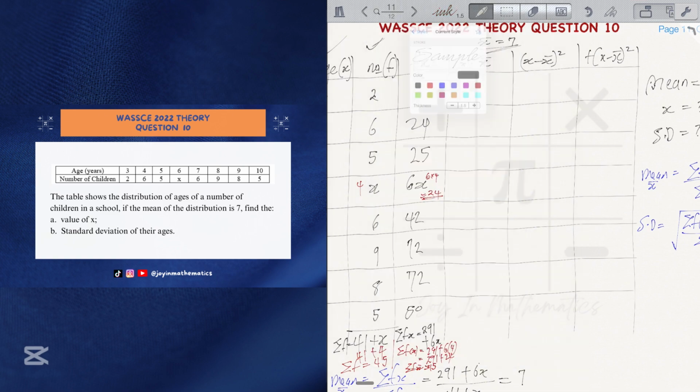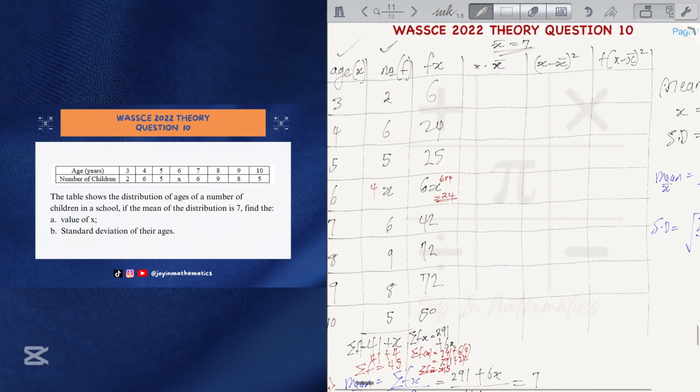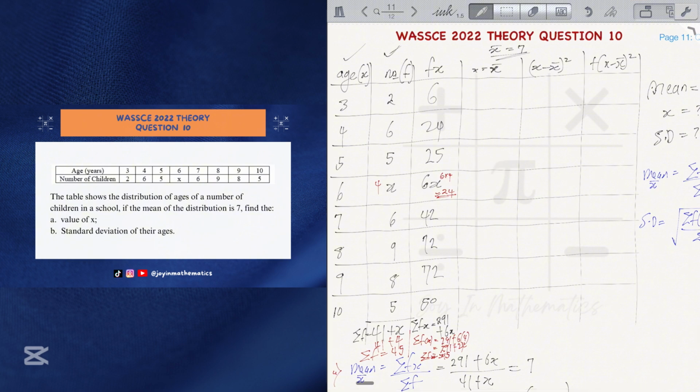So x bar is equal to 7, so we have x minus x bar. That's 3 minus 7, which is equal to minus 4. 4 minus 7 is equal to minus 3. 5 minus 7 is equal to minus 2. 6 minus 7 is equal to minus 1. 7 minus 7, 0. 8 minus 7, 1. 9 minus 7, we'll have 2. And 10 minus 7, we'll have 3.